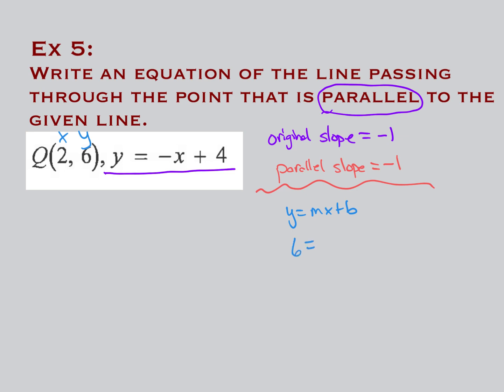Jessica, what's the slope going to be? What letter represents slope? Just m. M and x are two different ones. Okay? So m represents slope. So what's my m got to be?